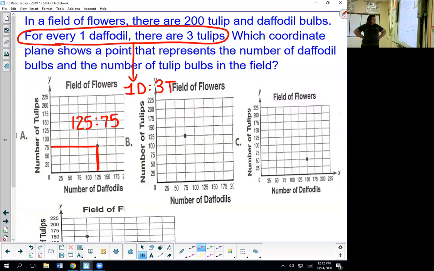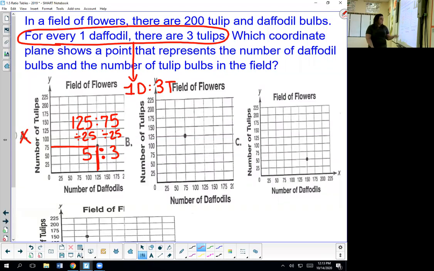That is not going to be the answer because I have 1 to 3, and this is, believe it or not, you divide this by quarters, right? How many quarters make 75 cents? That's 3. How many quarters make $1.25? That would be 4 plus 1 more, which is 5. This ratio is 5 to 3. I want 1 to 3. So A is not the answer.